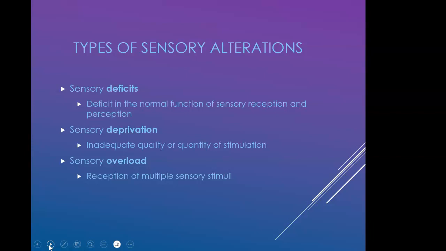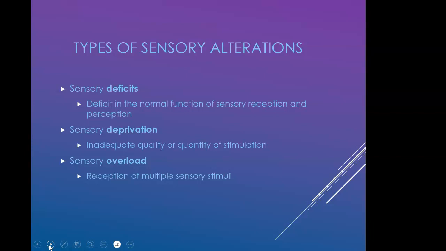When a person receives multiple sensory stimuli, the brain has difficulty distinguishing the stimuli. So now we're talking about sensory overload. You know, a person with sensory overload no longer perceives the environment in a way that makes sense.